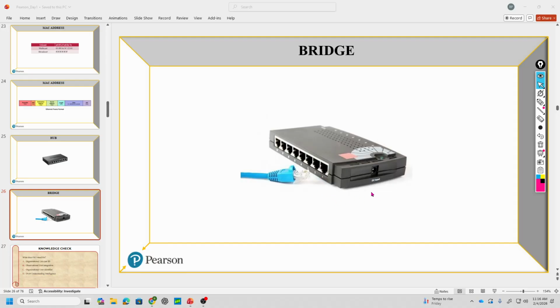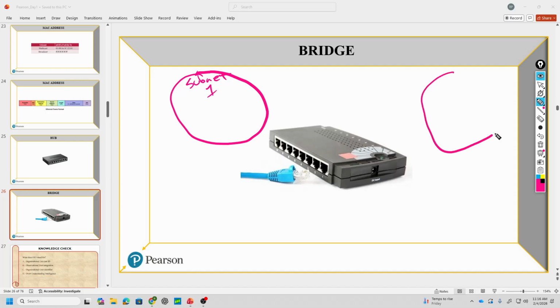Now what that bridge really meant, let's draw some little diagrams here, is you had, let's say over here, I've got subnet number 1, and over here, I've got subnet number 2. In between them, I get this bridge.